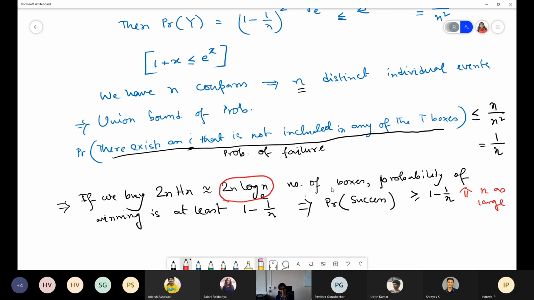If you know how many coupons there are, you go for this many boxes, then you can almost surely win it. And there is a small almost. I can ignore it. Okay, that's it for the coupon collector's problem.